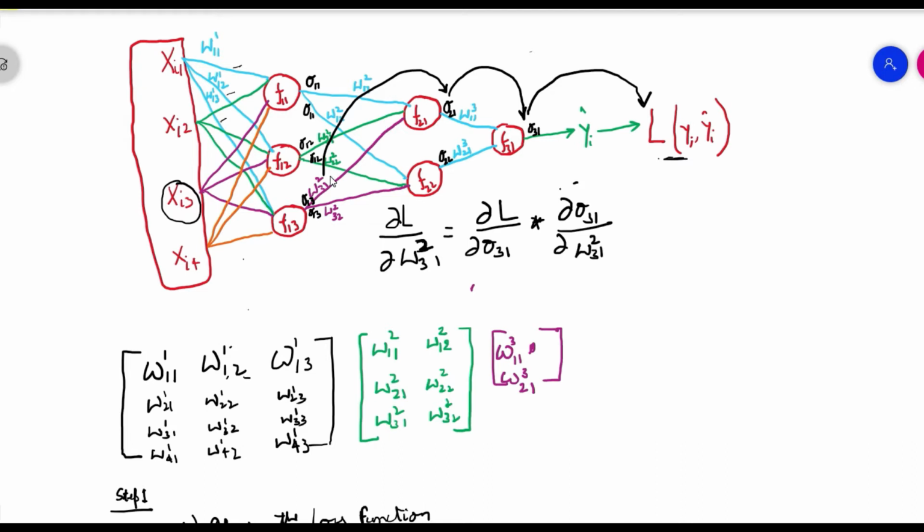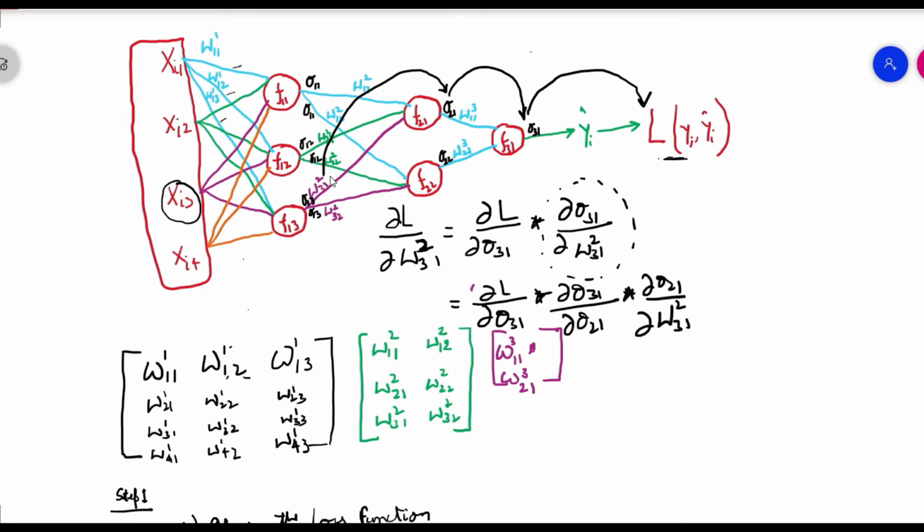If we further break down this term using the chain rule, this value will be equal to dou L upon dou O31 multiplied by dou O31 upon dou O21, since O31 is impacted by O21, and our O21 is impacted by dou W231.